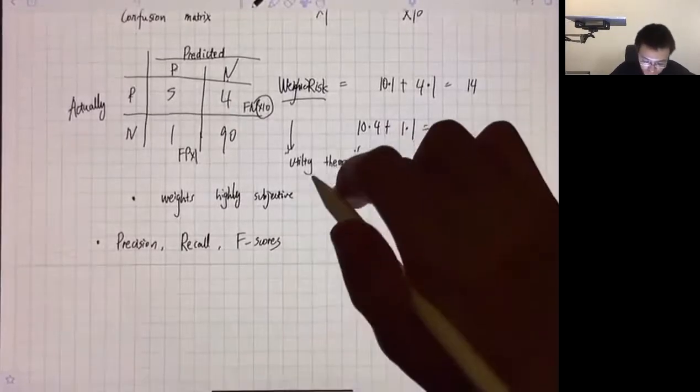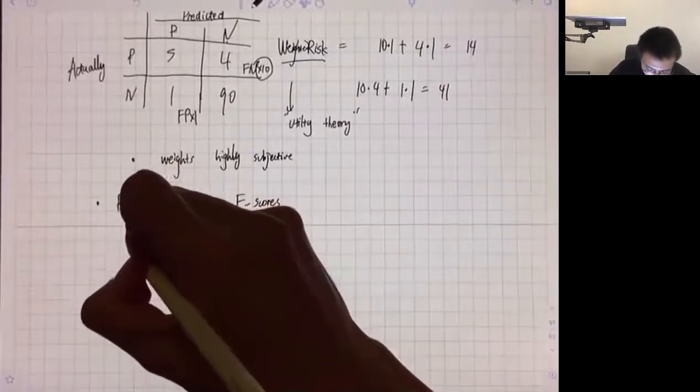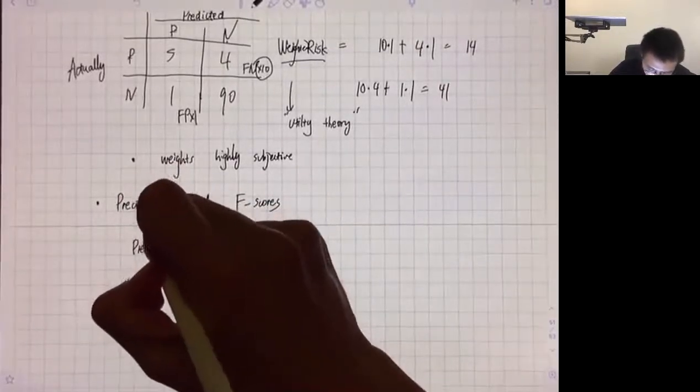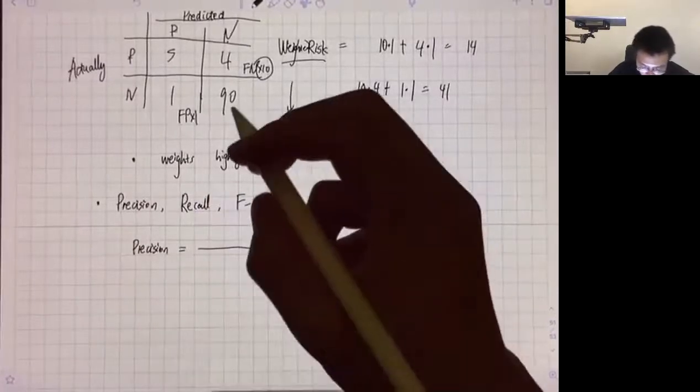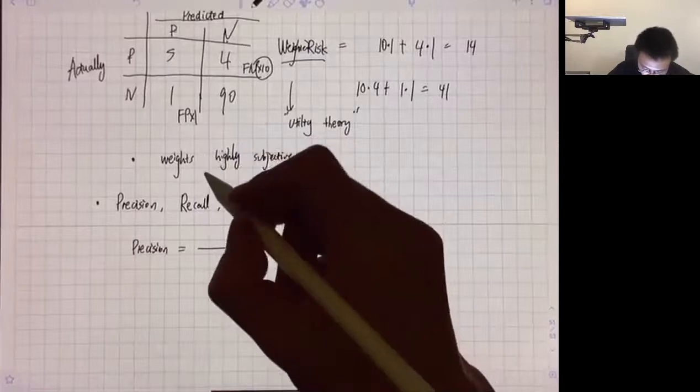So the definition for precision is how much you predicted positive.